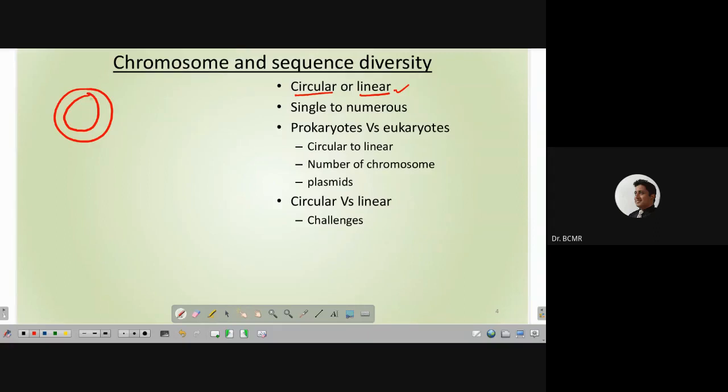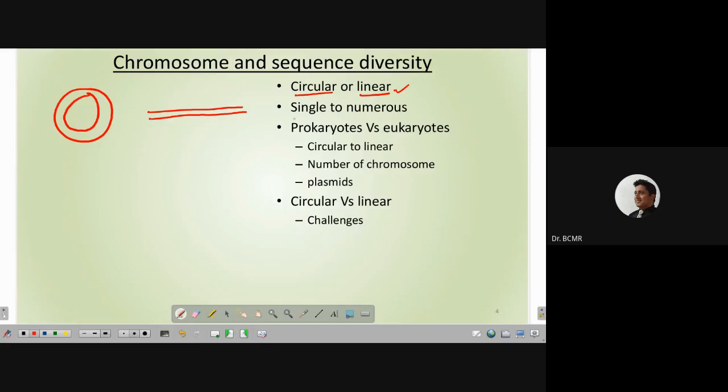Circular is something like this, which is very stable, whereas for the linear one, we discussed one of the key troubles with it. It's called the end replication problem, and we have also seen in the last class how nature solves it by synthesizing telomeres, by telomerase. And we also have discussed the priming protein, which is an innovation of the viruses.